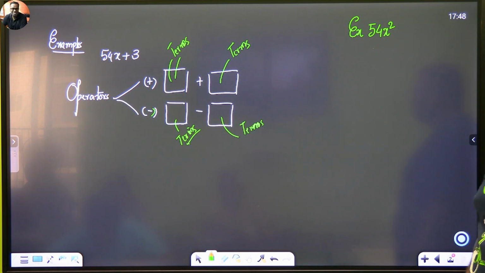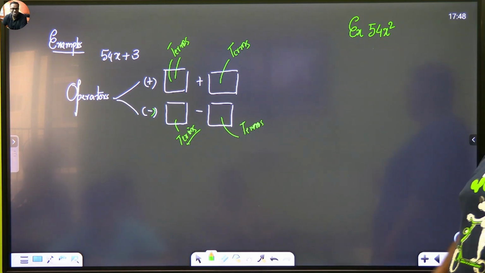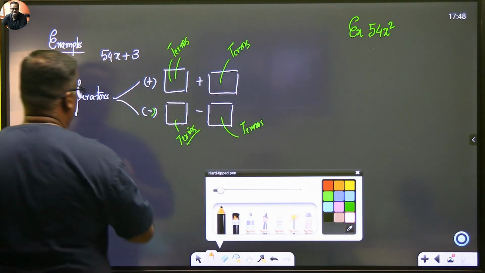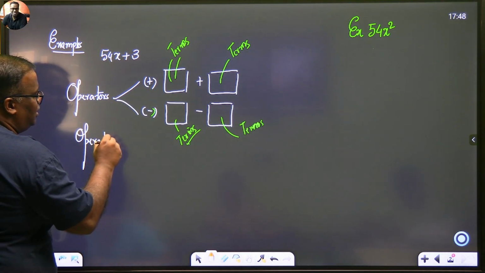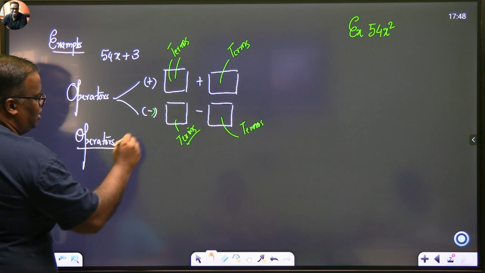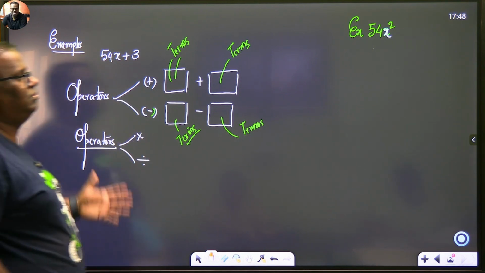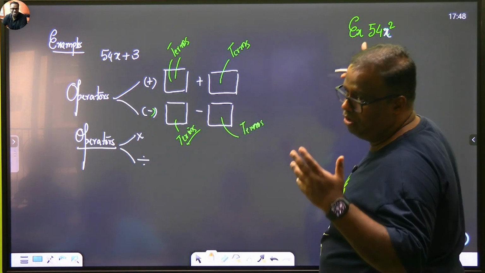Now, I told you that we will be initially studying positives and negatives as far as operators, but there are 2 more operators, which are division and multiplication. So let's see what happens when divisions and multiplications come up. If these are clear, then your concept will be fully clear. Say we have multiplications and we have divisions. Is multiplication as an operator involved out here?